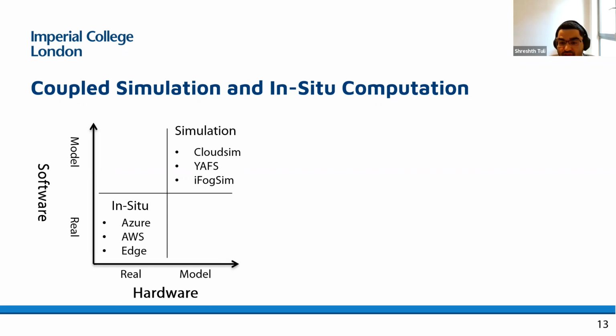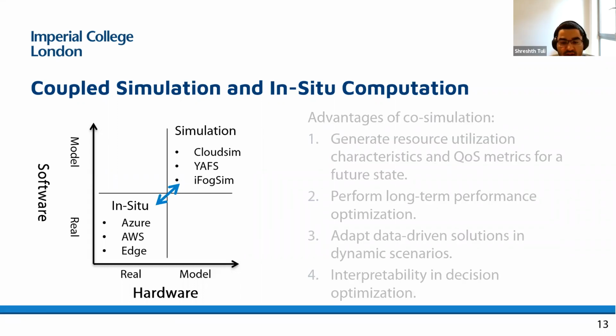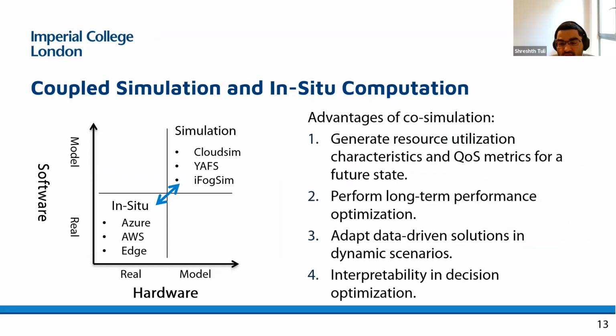However, when we use both in situ systems and a simulation in that in situ system, we call this coupled simulation or co-simulation. And this is commonly used in resource management settings where we need to manage resources in a real system, wherein akin to a digital twin, we can use a simulator to generate interesting parameters such as quality of service estimates of a future interval beforehand by using this idea of discrete event simulation styles.